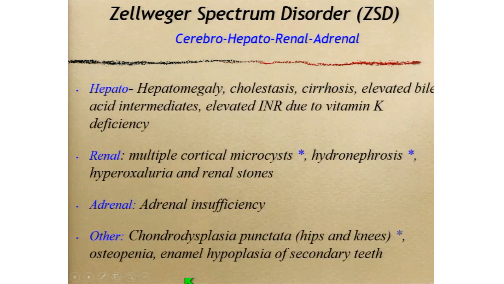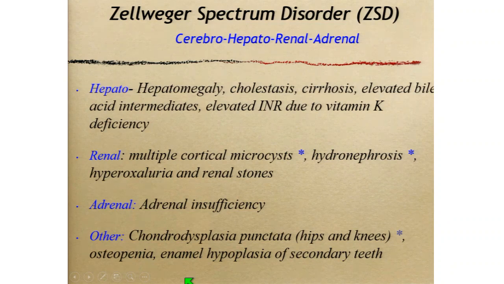And in the liver, there's hepatomegaly, cholestasis, cirrhosis, due to elevated bile acid intermediates, which are toxic to the liver. And the liver disease also includes elevated INR due to vitamin K deficiency because of the bile acid deficiency and the inability to absorb fat-soluble vitamins. There's also multiple cortical renal cysts, hydronephrosis, and patients can develop hyperoxaluria and renal stones.